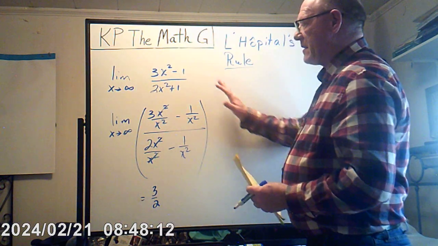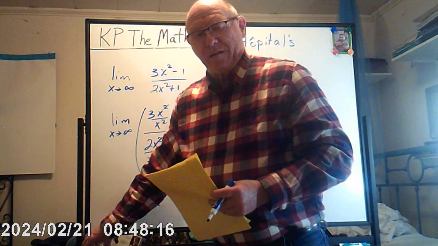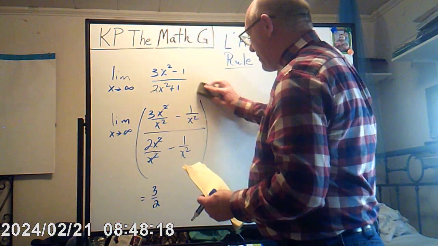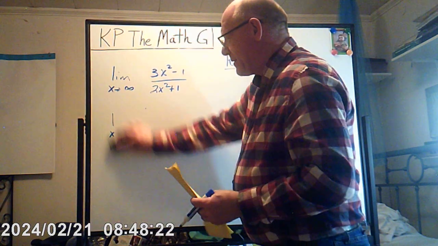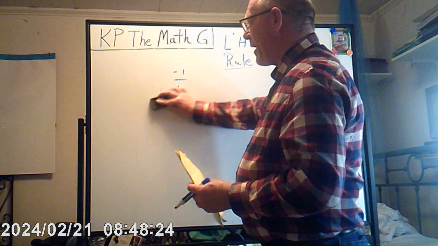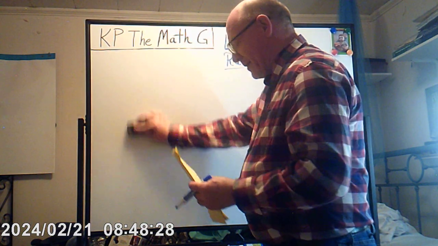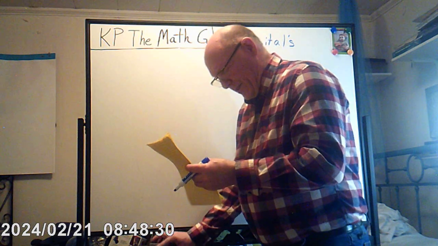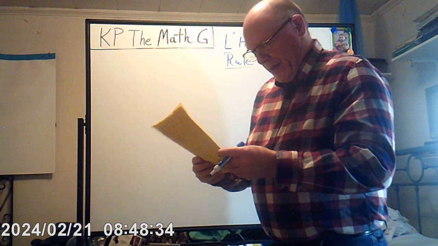There are cases where you're not going to be able to use either one of these scenarios. You cannot do this or the other example, and so that's when we have L'Hopital's rule. Okay, so let's start with one right here.